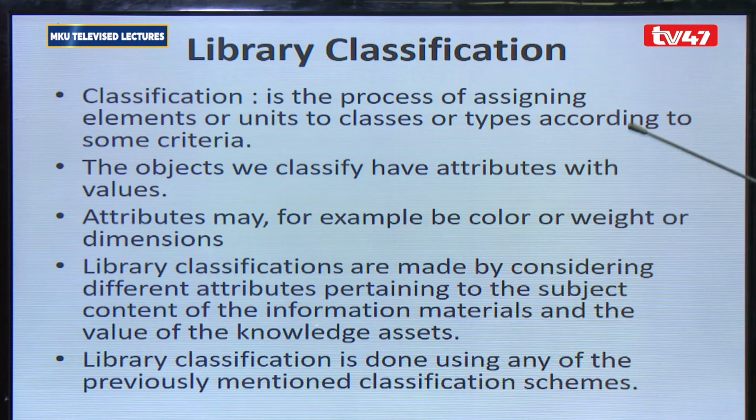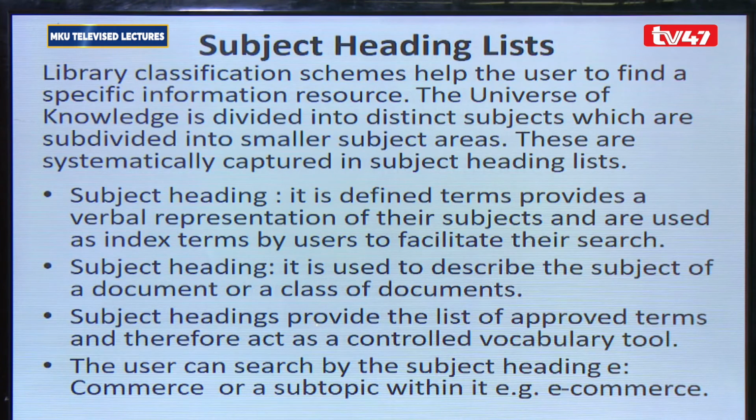Attributes may, for example, be color, weight, or dimensions of the item, let's say if it is a book. Library classifications are made by considering different attributes pertaining to the subject content of the information materials and the value of the knowledge assets. Library classification is done using any of the previously mentioned classification schemes, which are the manuals that you use to execute the job.